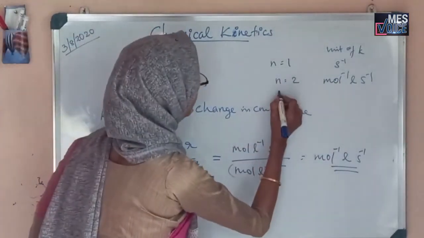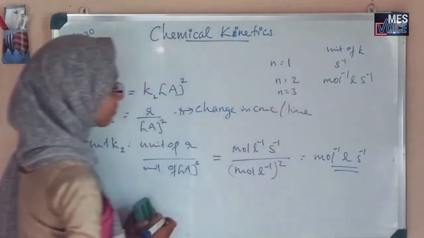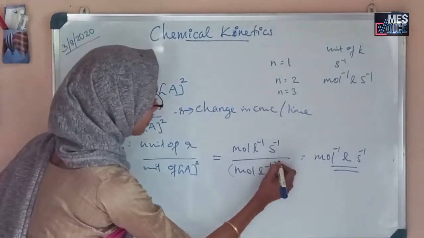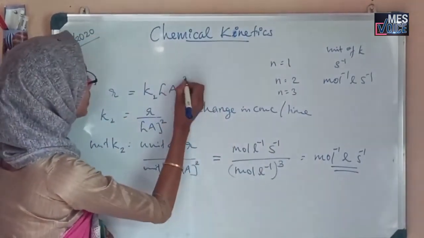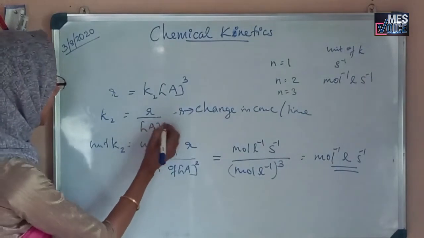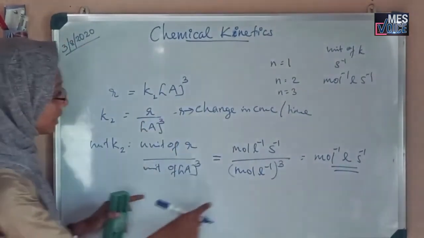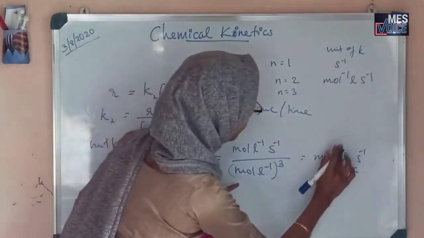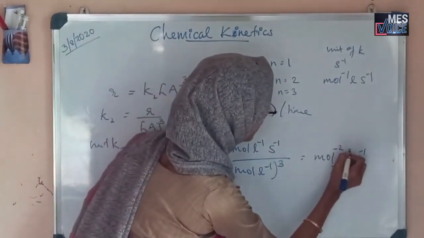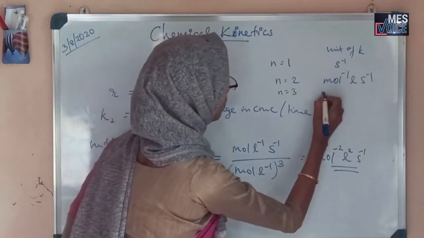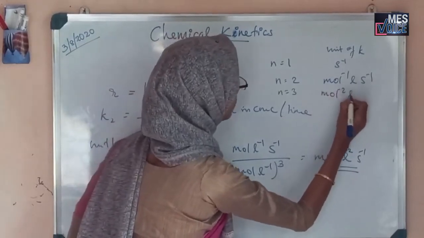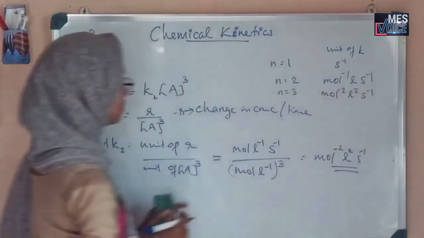Similarly, for a third order reaction, here n is equal to 3, this becomes [A]³. So this is equal to mole raised to minus 2 liter squared second inverse.